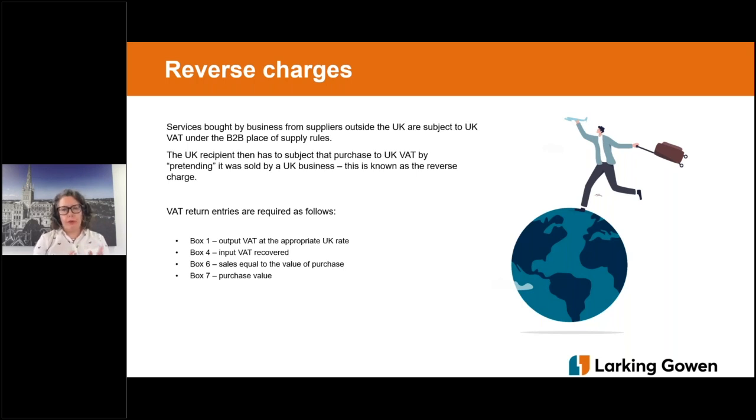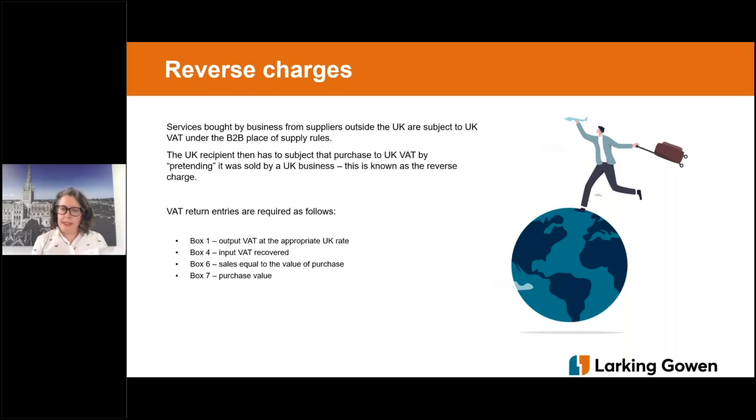The place of supply rules that we've got, which operate to make sure that VAT is applied on cross-border transactions, say that where you've got a business-to-business transaction, the place of supply is where the recipient is established. So if you as a school who are established in the UK are buying in services from outside the UK, then the place of supply rules tell you that you have to account for VAT at the local, i.e. UK rate on that service that you've bought.